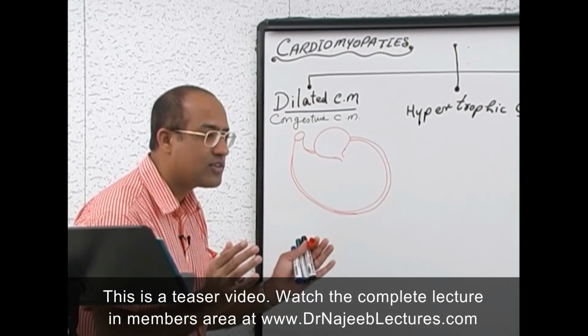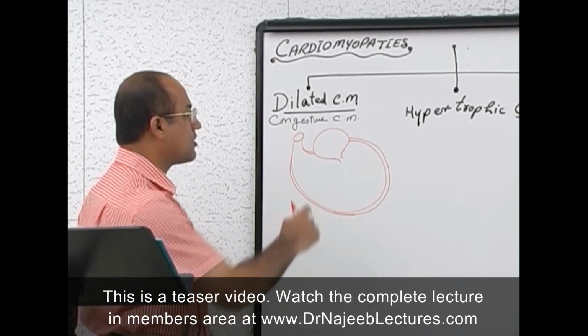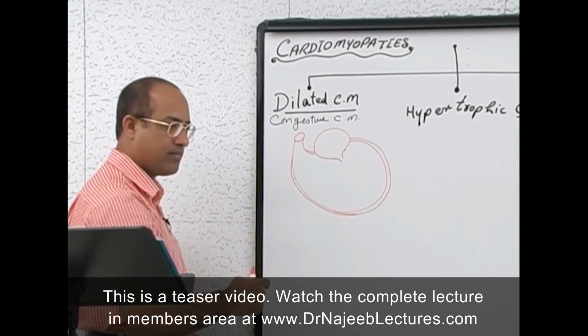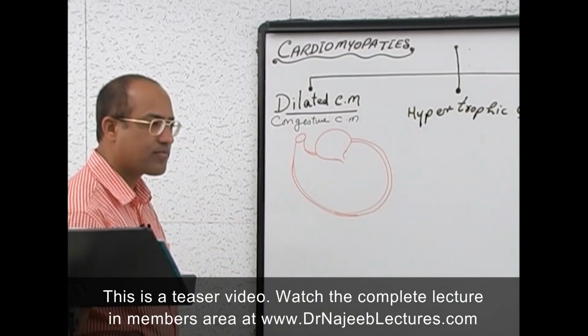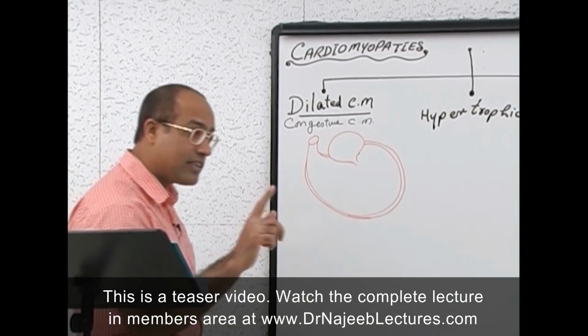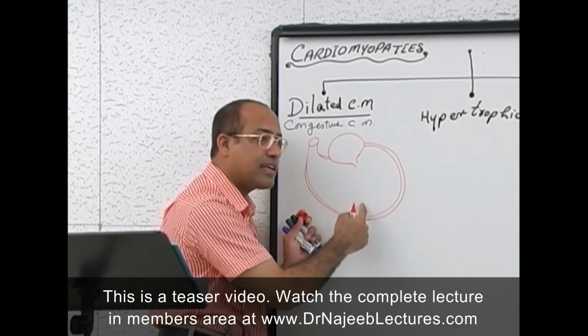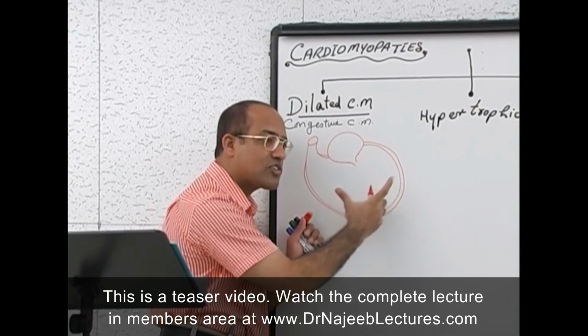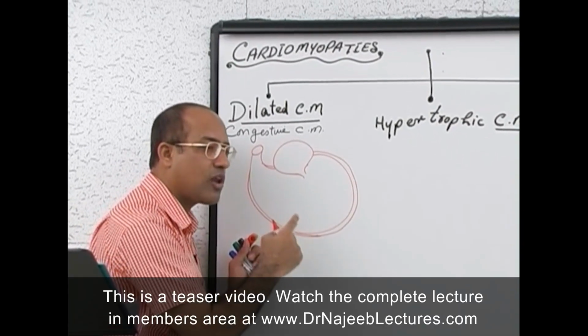It is a large but hypokinetic heart, and of course it's a failing heart. And this failure will be diastolic failure or systolic failure. It is not diastolic failure, because during diastole it can accommodate the incoming blood, but during systole it cannot contract well. So this is basically a systolic failure.